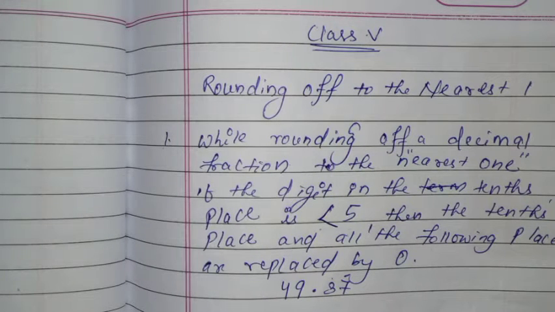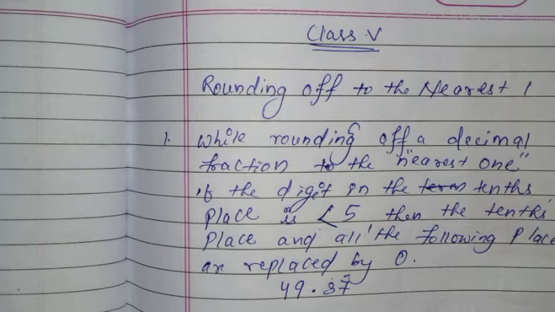While rounding a decimal fraction to the nearest one, if the digit in the tenths place is less than 5, then the tenths place and all the following places are replaced by 0.